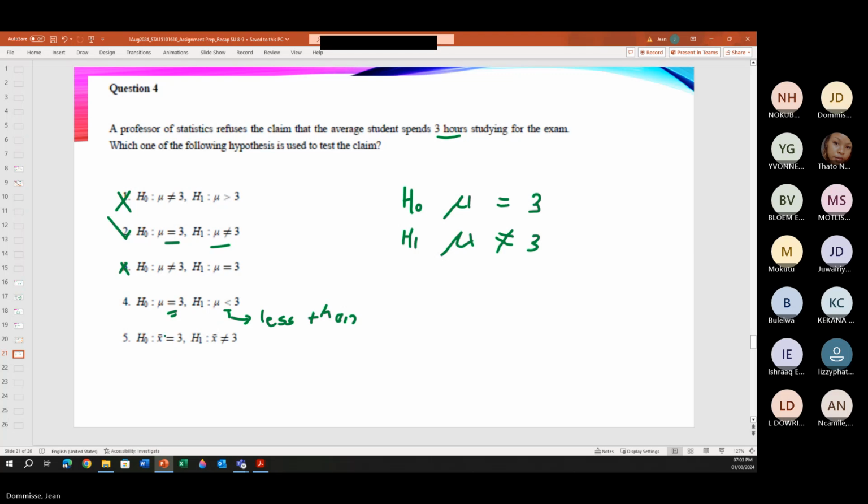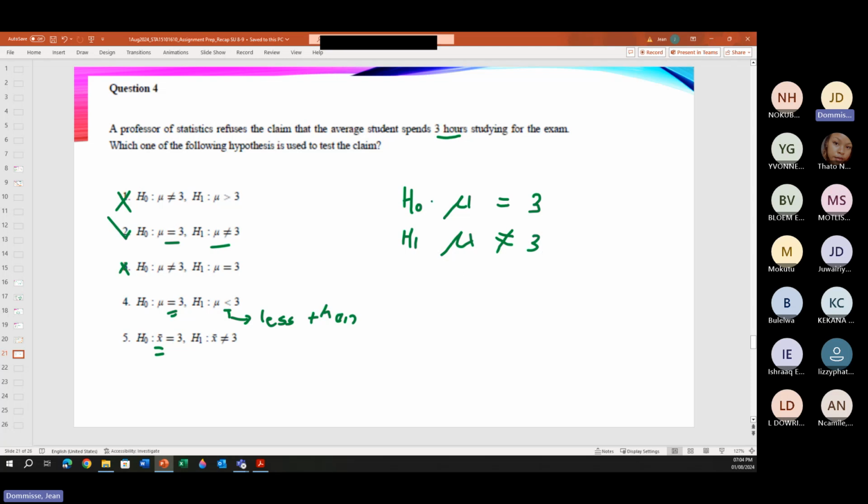Then what we're testing here is not the population, what we're testing here is the sample. In hypothesis testing, we're always testing if the sample is different from the population. We're never going to test if it's different from a sample.